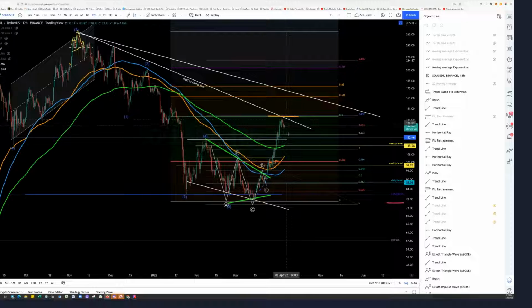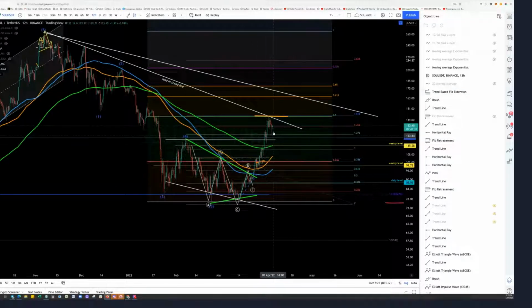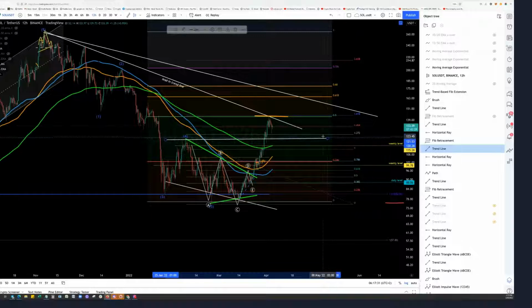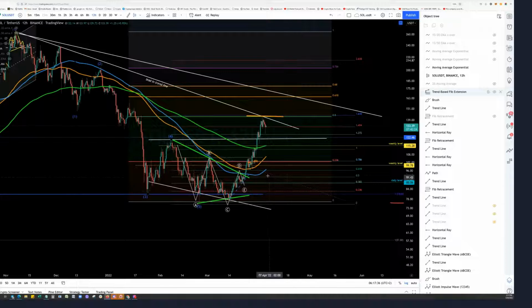On the macro level, this could be wave 3 to 4. It could also be a local top, and depending on what Bitcoin does, it could potentially come back down here. So it is aligned with the wick-off as well, and it's actually trying to go above it, and so I'm looking at the 618 level, which is $164 potentially.